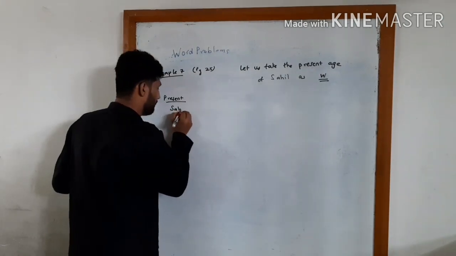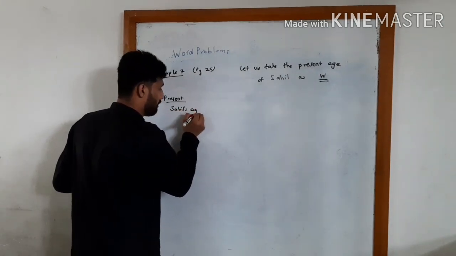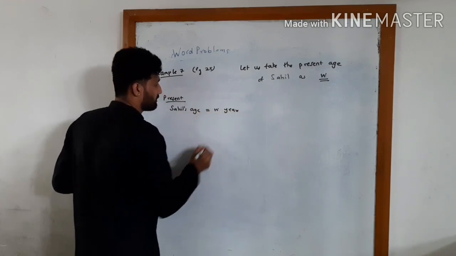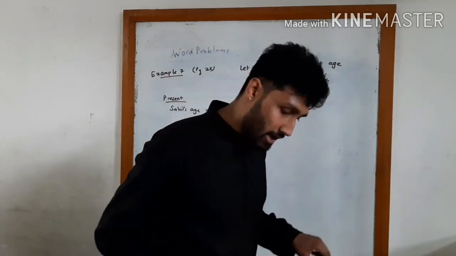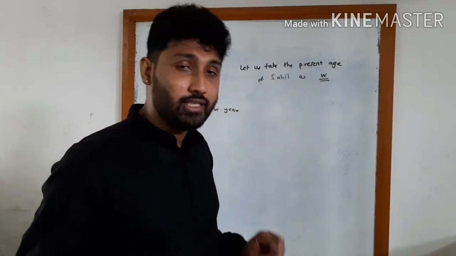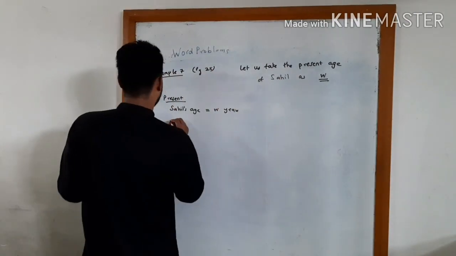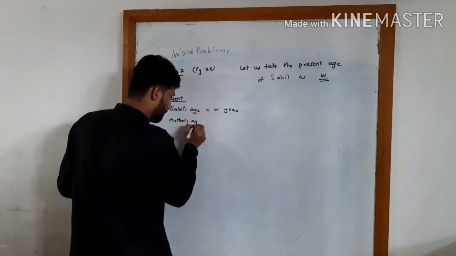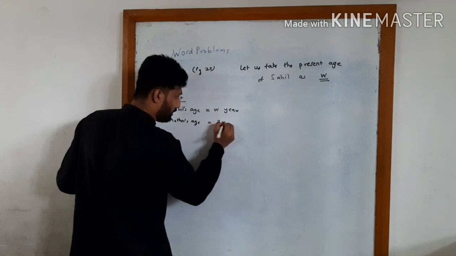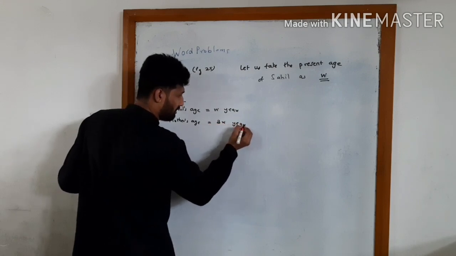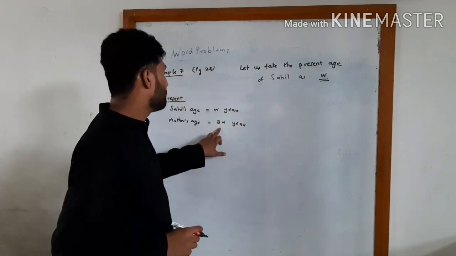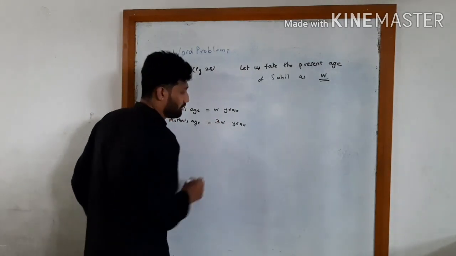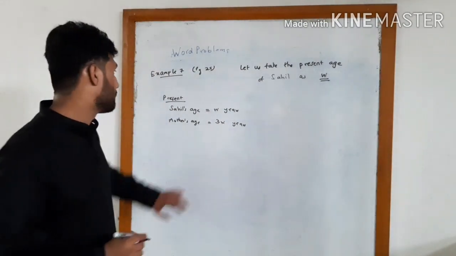Sahil's age is W years, and presently it is said that mother's age is 3 times his age. Mother's age is 3W years, because thrice means multiplied by 3. So mother's age is right now 3W years.